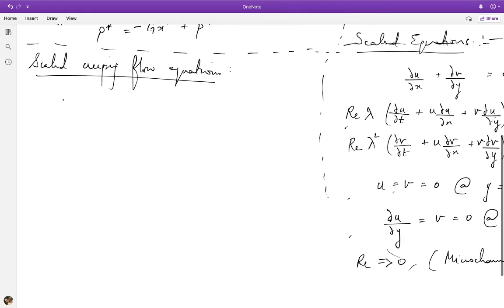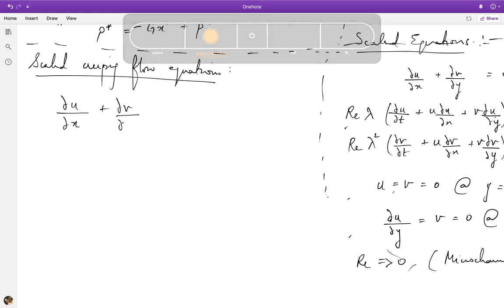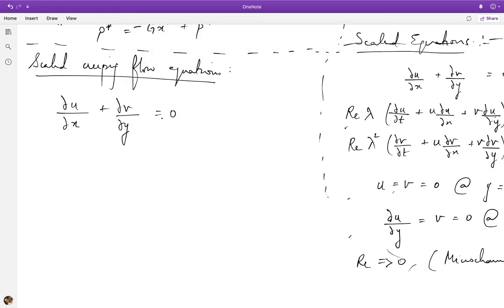Okay, so our equations now are, we have the continuity equation intact. And now I just have the viscous terms.